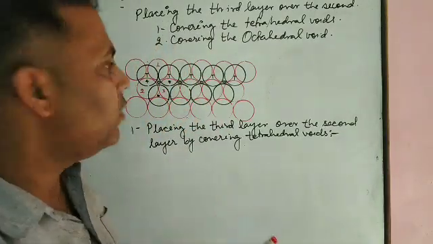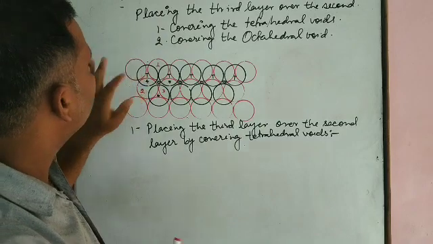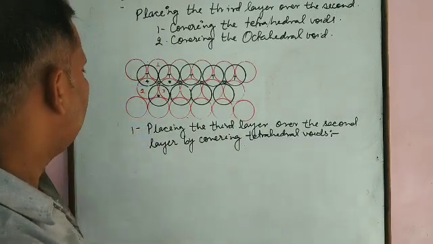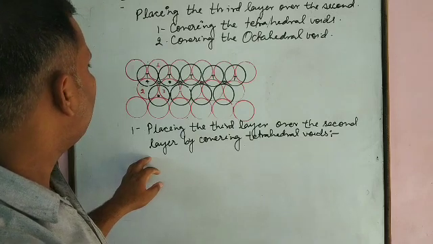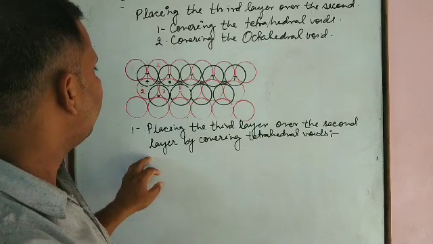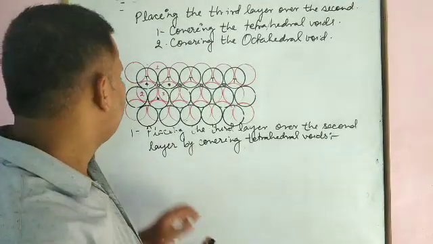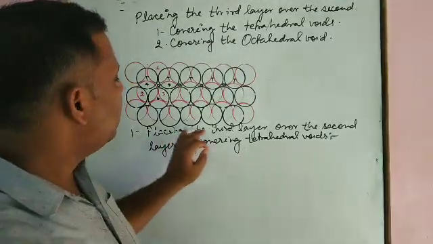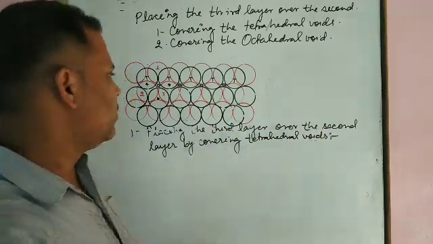It means, let us see how to place. We are going to cover the tetrahedral voids. Clear? It means placing the third layer over the second layer by covering the tetrahedral voids.